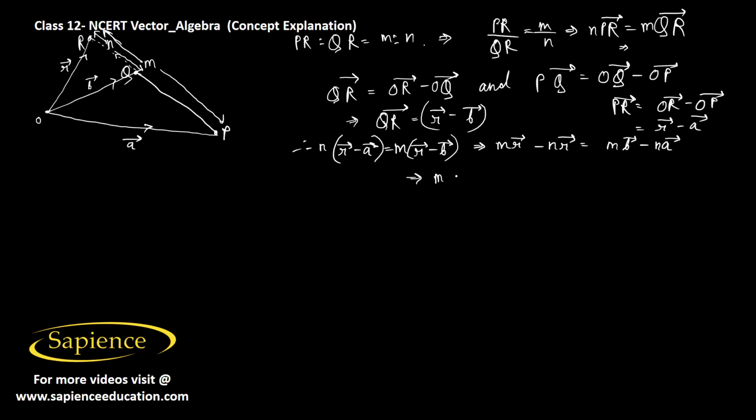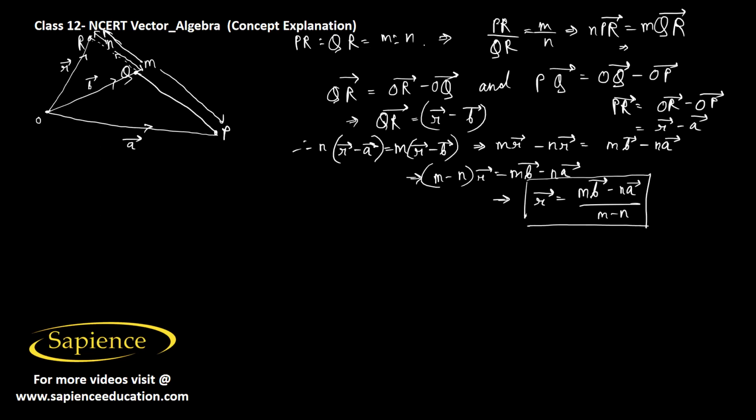So (m minus n) into R vector is equal to m B vector minus n A vector, and therefore the R vector is equal to (m B vector minus n A vector) divided by (m minus n). So this will be the required position vector of the point R.